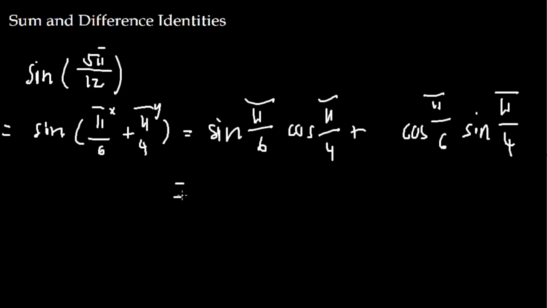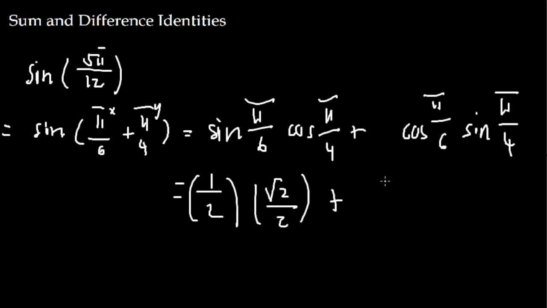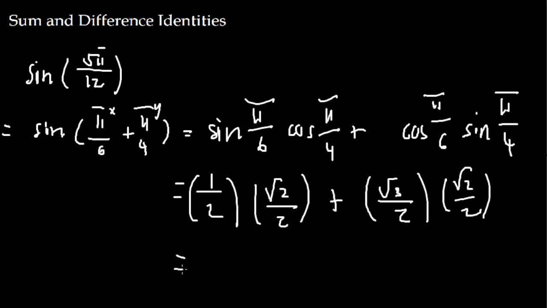Now, according to my calculator, sine of pi over 6 is 1/2, multiplied by the cosine of pi over 4, which is square root of 2 over 2, plus cosine of pi over 6 is square root of 3 over 2, then the sine of pi over 4 is square root of 2 over 2. Now let's simplify.